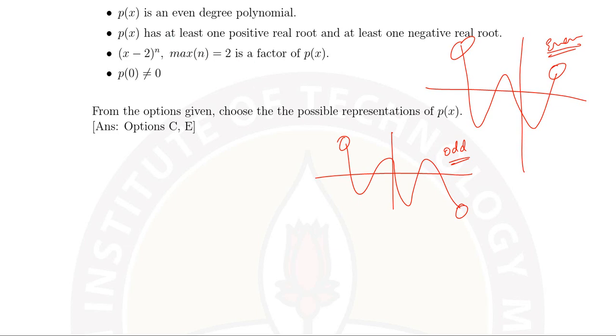So basically all we have to check is x minus 2 to the power of 2, or in other words, something of this form, wherein it just touches the x-axis and bounces back on either side, either this side or this side, at the place where 2 lies, that is x equals 2. So this is one root.